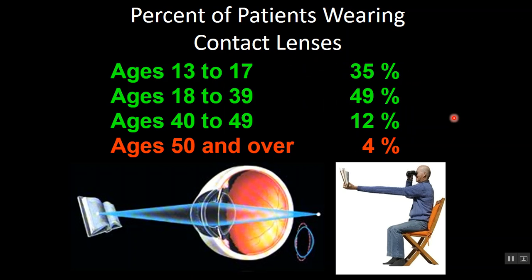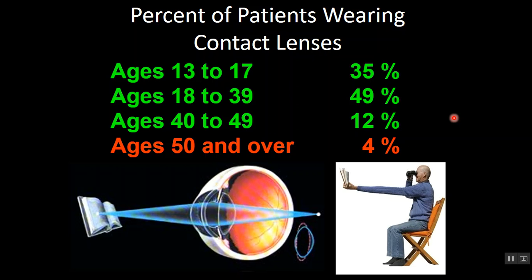Now, it's interesting to look at the percentage of patients that wear contact lenses in the younger ages. Under 40 years of age, more than 84% of our patients are in soft lenses.